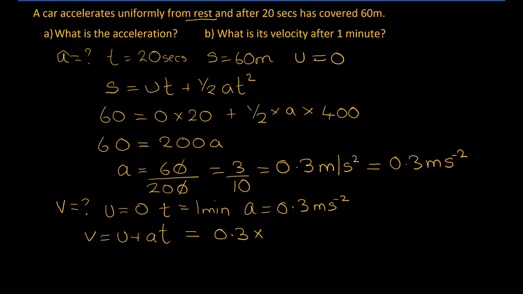We need to turn that time into seconds, so that'll be 60 seconds. So 0.3 times 60 seconds is going to be 18 meters per second for the velocity, or it could be written using the indices form like this.